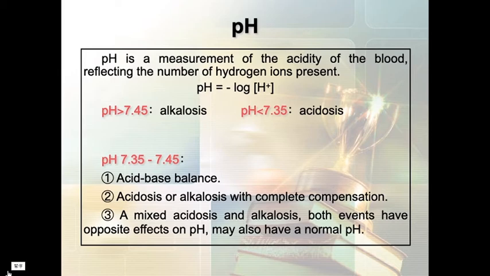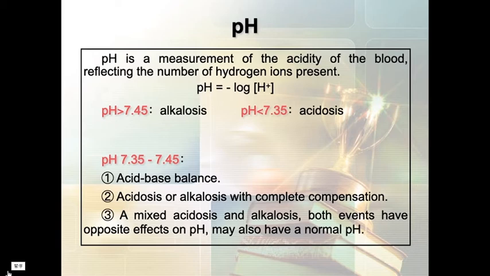When it's less than 7.35, it's acidosis. So what is the situation between the two? Does it mean acid-base balance? That's one of the situations. Acid-base balance is not enough. There are other two circumstances in which pH can show a normal level or be within the normal range.